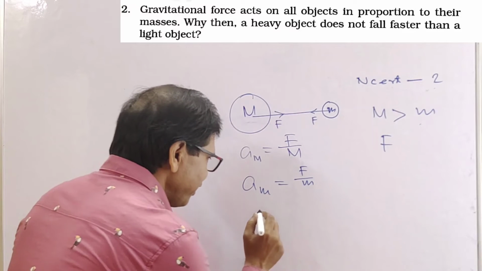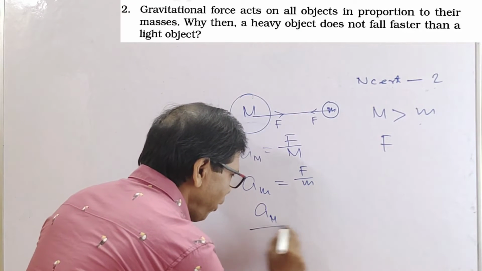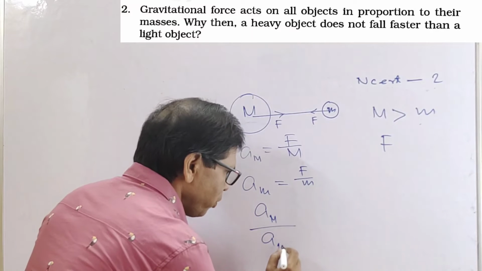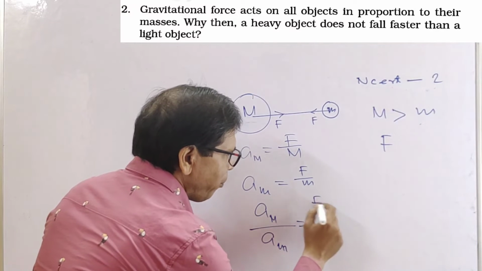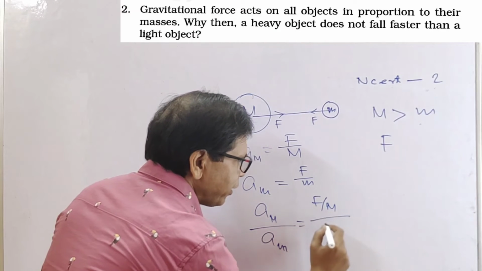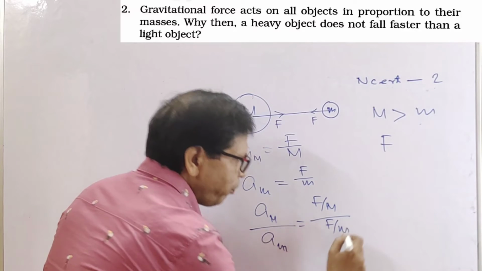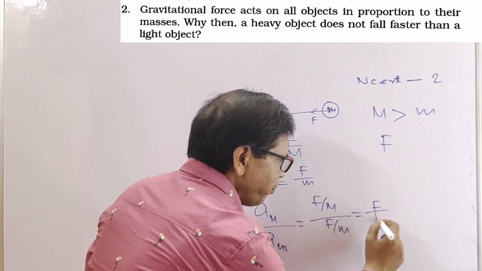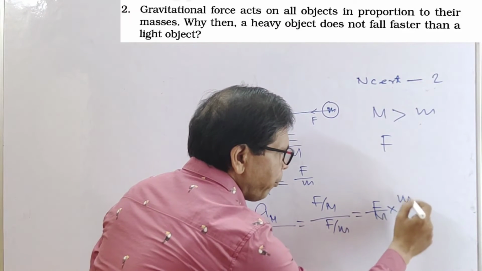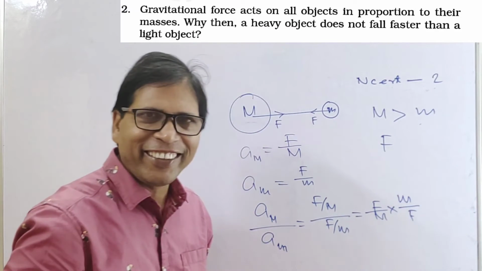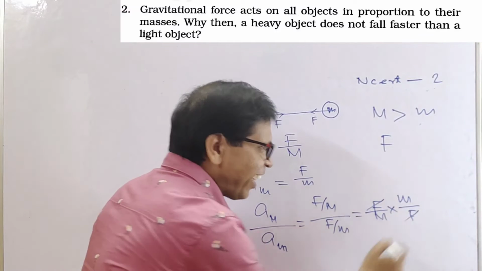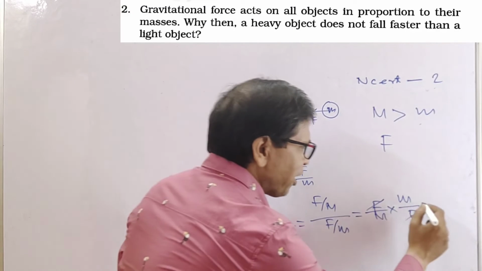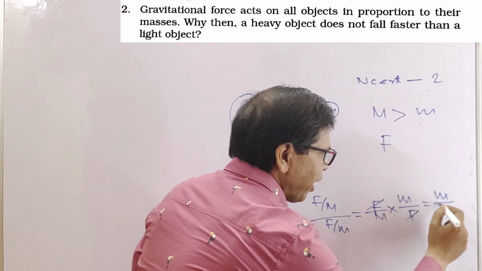So A_M by A_m is F by capital M and F by small m, that is F by capital M into m by F. So this and this cancel out, and this becomes small m by capital M.